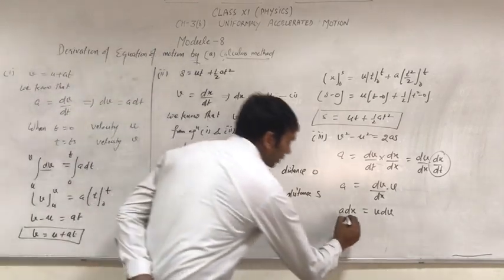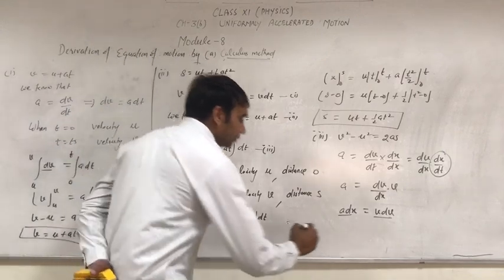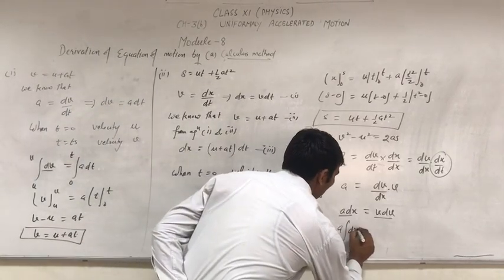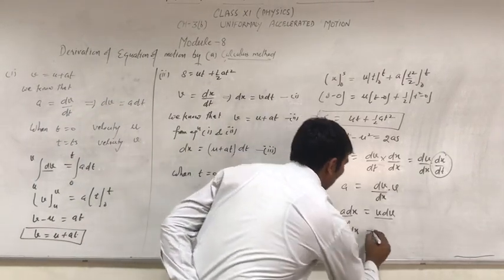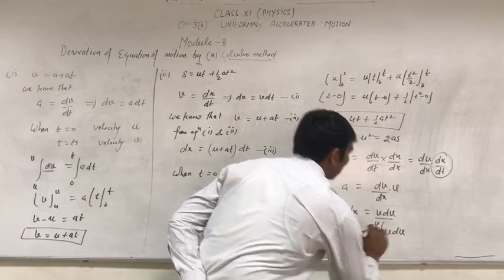Integrating this equation within proper limits, we get integration of a dx from 0 to s is equal to integration of v dv from u to v.